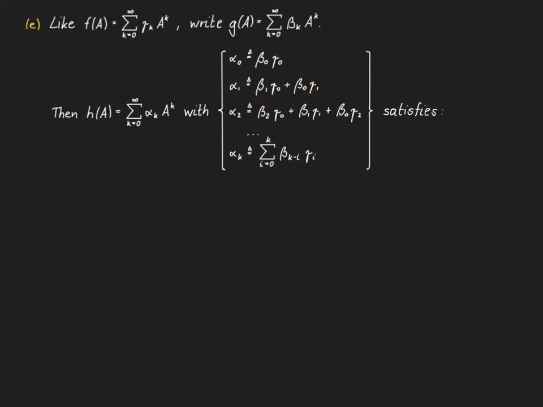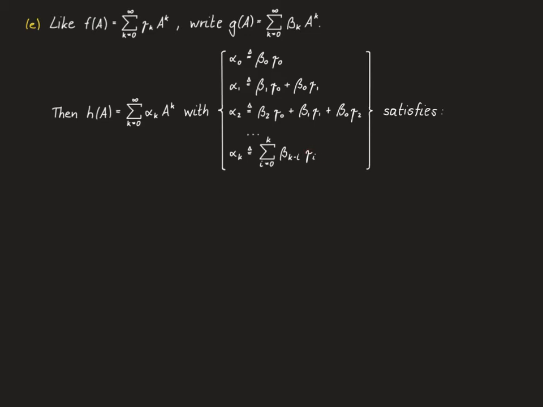Alpha 2 is defined as beta 2 gamma 0 plus beta 1 gamma 1 plus beta 0 gamma 2. So for any alpha k, we always sum up the products of betas and gammas such that the sum of the two indices is equal to k. In other words, the general formula for alpha k is given by the sum of i from 0 to k of the products of beta k minus i times gamma i.